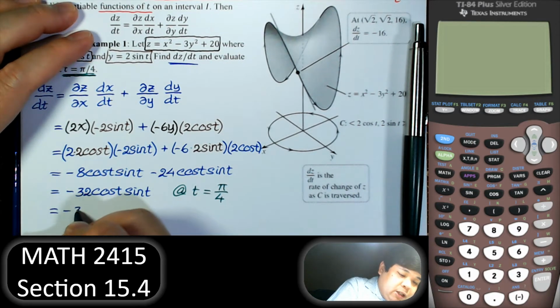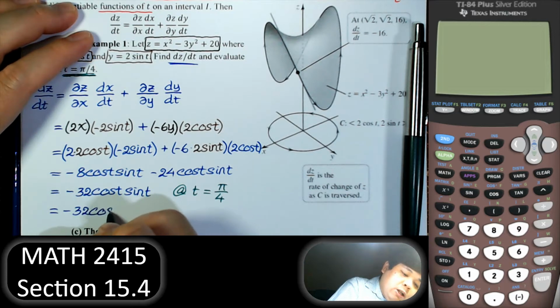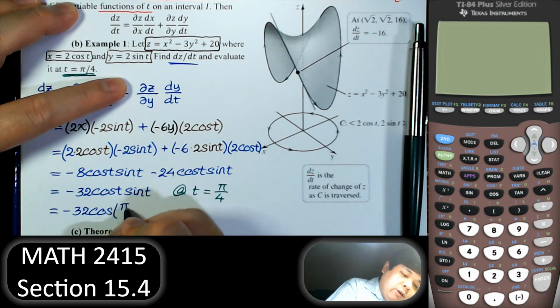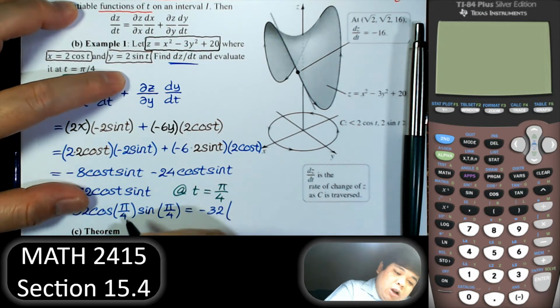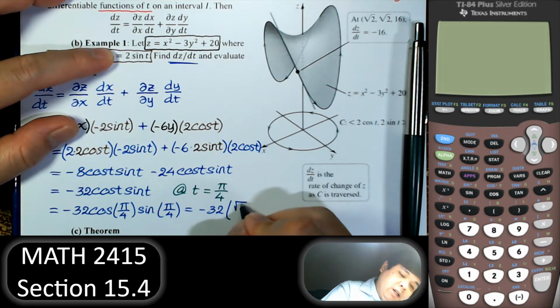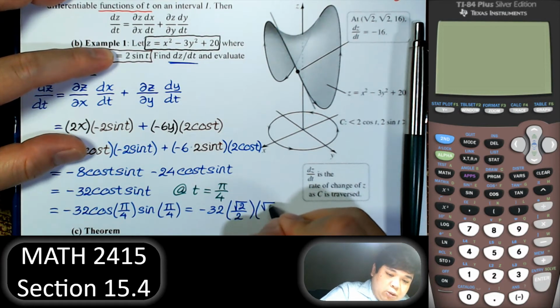So I have negative 32 cosine of pi over 4 sine of pi over 4. Cosine of pi over 4, that's 45 degrees, so we have square root of 2 over 2. And sine is also square root of 2 over 2.